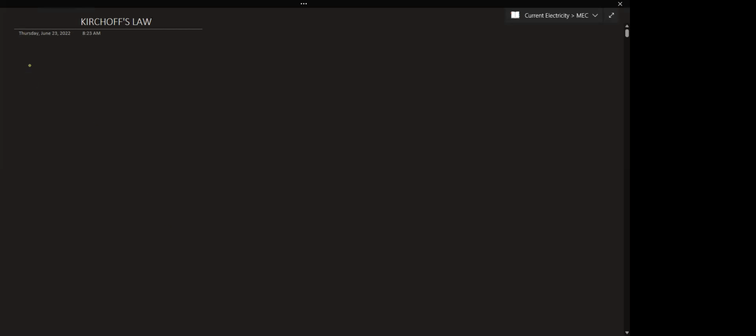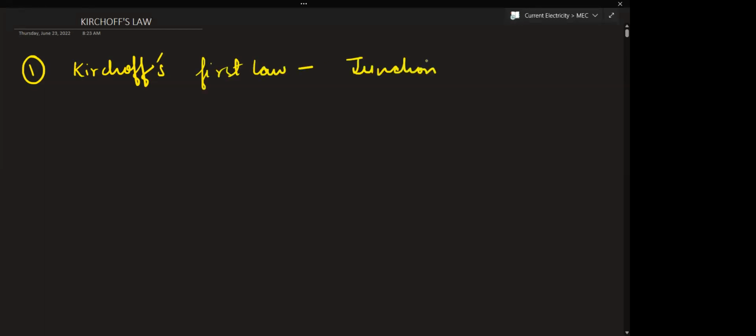So the first law is known as Kirchhoff's first law, which is known as the junction law.